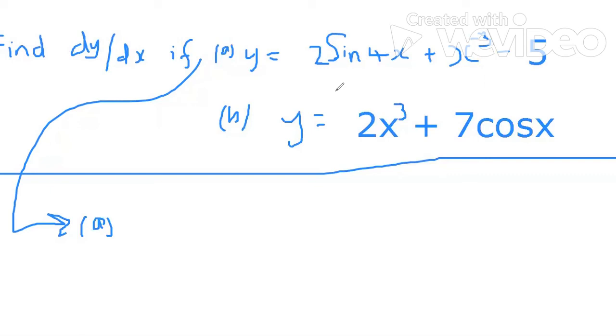It's cos 4x. All right, so dy/dx is 8 cos 4x.